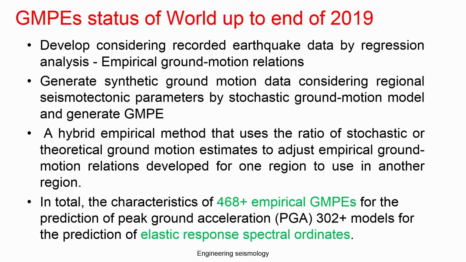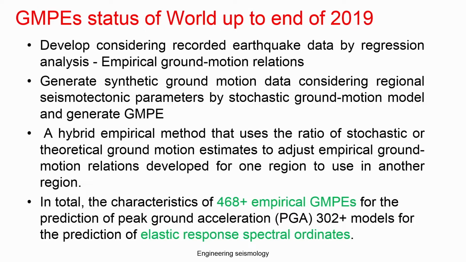One is empirical ground motion, which is just a fitting of the data. Second is the stochastic model, where stochastic ground motions are predominantly used to model. Hybrid is where you develop for the data of one region and then modify it for your region. For example, for North India I develop a ground motion prediction equation and modify it for South India; that kind of relation is called a hybrid empirical model.